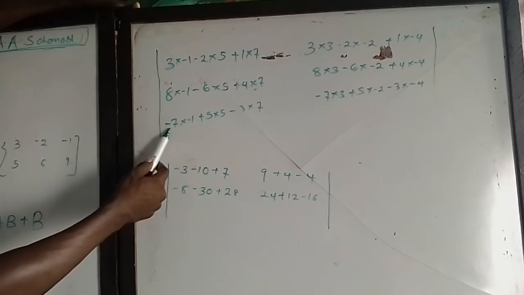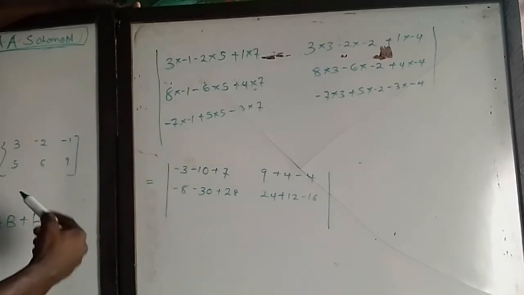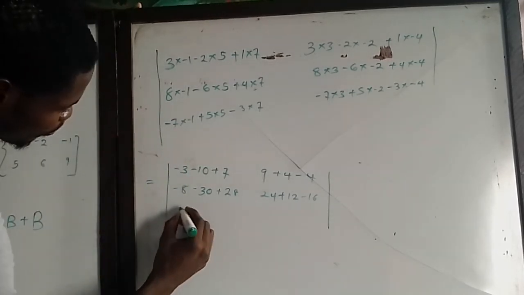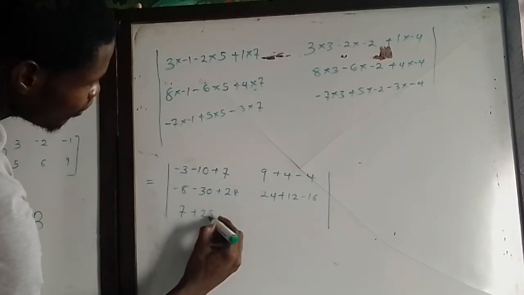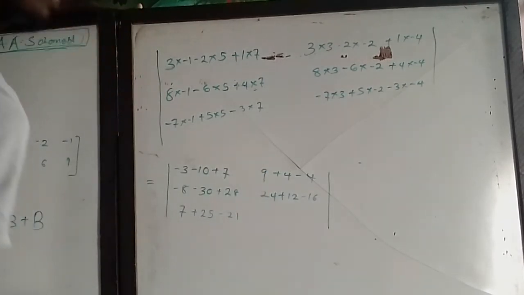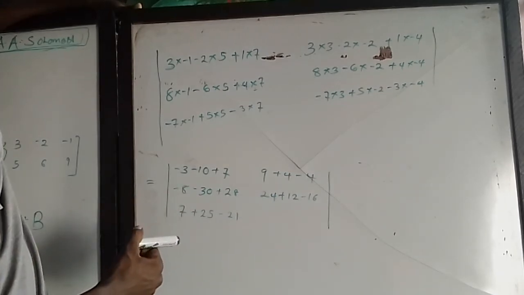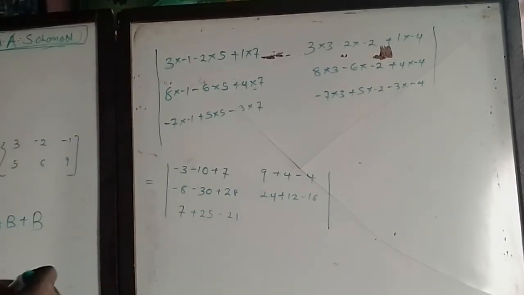Then we have minus 7 times minus 1 will give us plus 7. Then 5 times 5 will give us 25. Then minus 3 times 7 will give us minus 21. Then we'll continue.